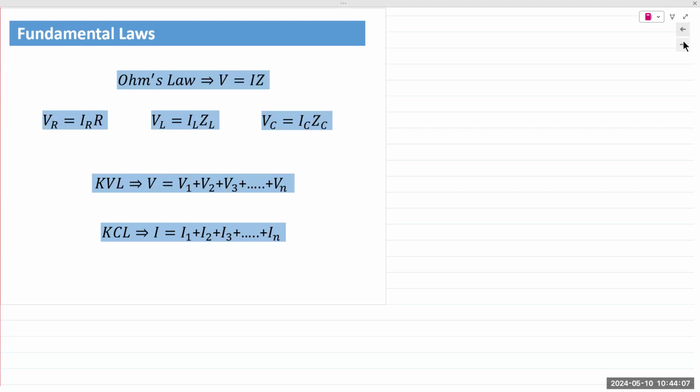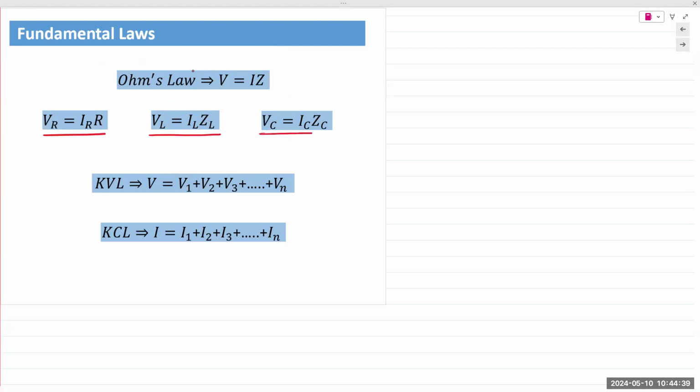Meaning you no longer have to do v equals L di over dt, or integrate the voltage to find the current. You simply apply Ohm's law, V equals IR, except instead of R, everything is now replaced by its equivalent impedance. For a resistor, R remains as it is, so it's V equals IR. For an inductor, instead of doing L di over dt, you simply do IL times ZL.